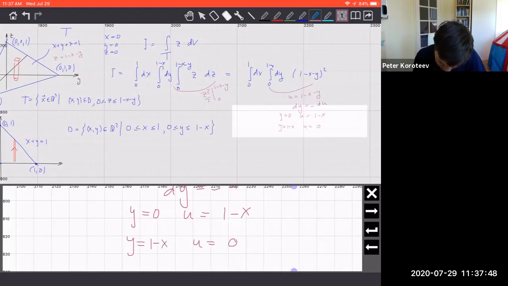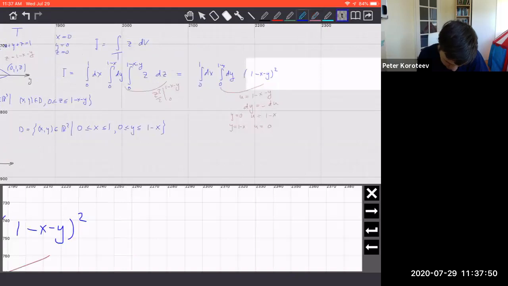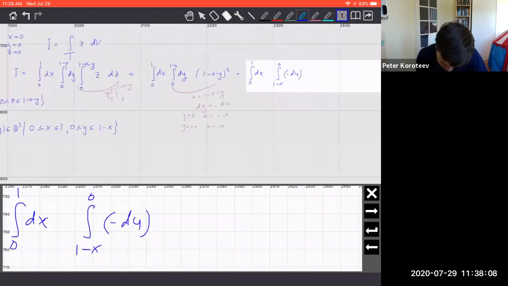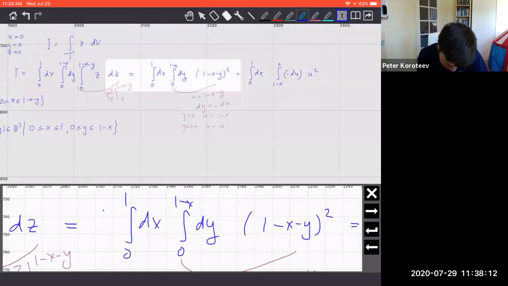Right, so that gives us the integral from 0 to 1 dx, integral from 1 minus x to 0 minus du, u squared. I forgot the factor 1/2, yes, 1/2 here.